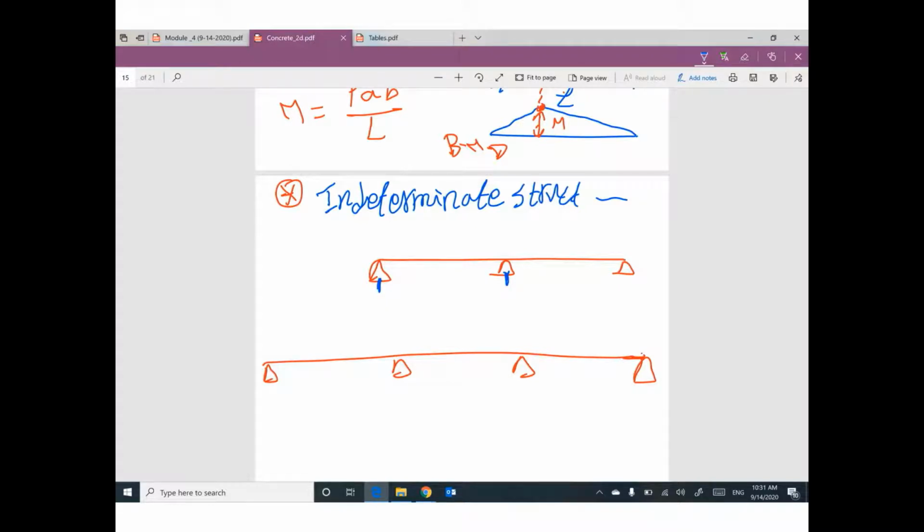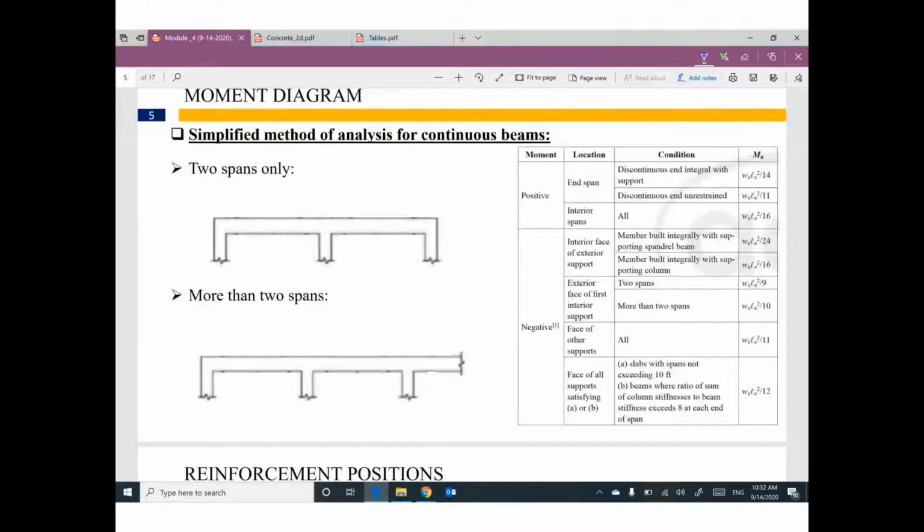Okay, so if you have more than 1 span, 2 spans, 3 spans like this, ACI can help you solve these beams using this table by providing a simplified method of analysis. We don't need to go back to structure analysis and the methods used to solve indeterminate structures, or use software.